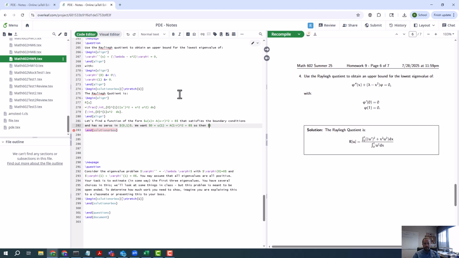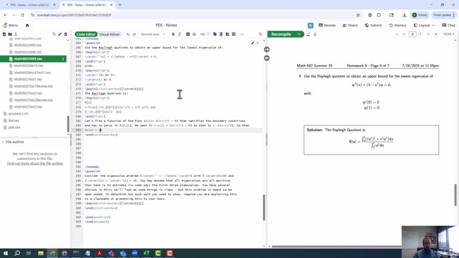Then this tells us that b is equal to minus a times (1 minus r) squared. So u of x is equal to a times (x minus r) squared minus (1 minus r) squared. Now what happens if x is equal to 1? We have (1 minus r) squared minus (1 minus r) squared, and that's equal to 0.